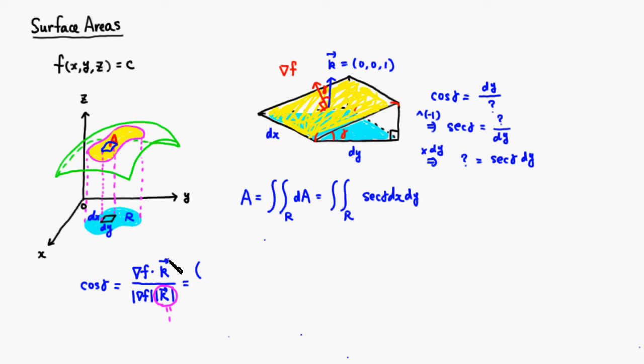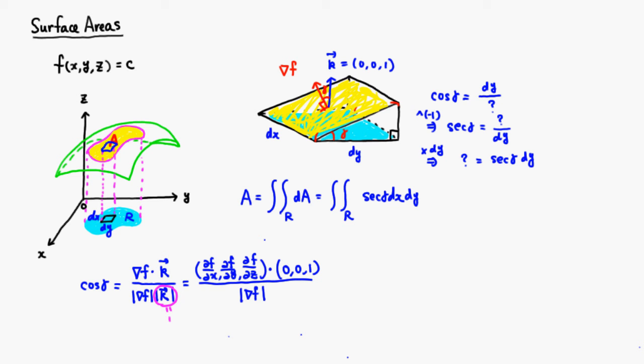The gradient is the partial of f with respect to x, comma, partial of f with respect to y, comma, partial of f with respect to z. You take the dot product with k, which is 0, 0, 1, all over the magnitude of the gradient of f.